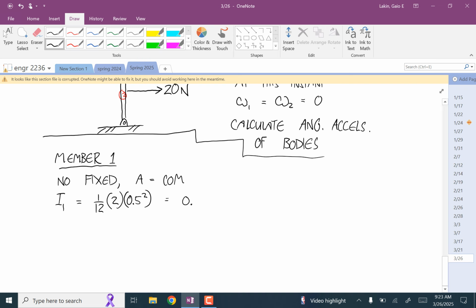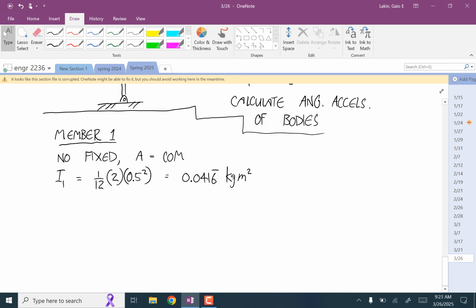So 0.0416 repeating kilogram meters squared. Now free body diagram.